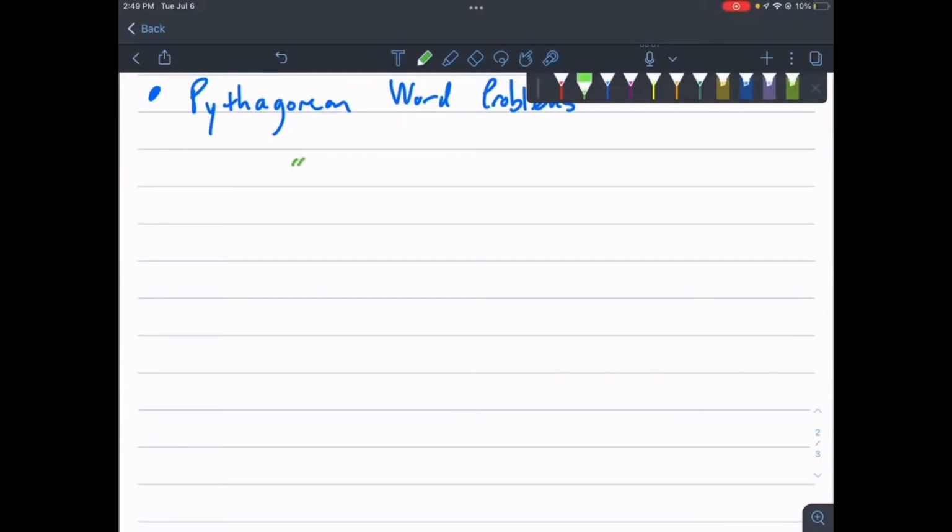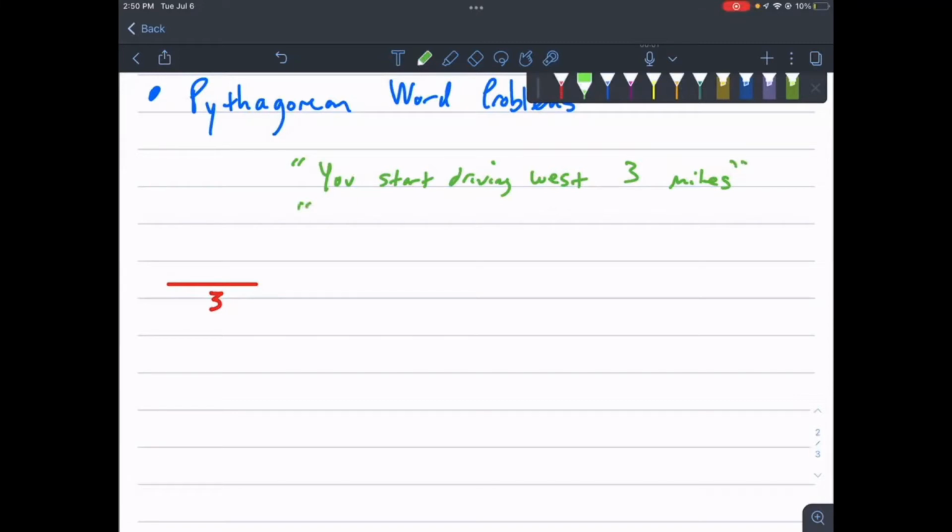So we've got a few phrases I want to highlight. One is you start driving west 3 miles. So I'll do that in red. Going to go west 3 miles.